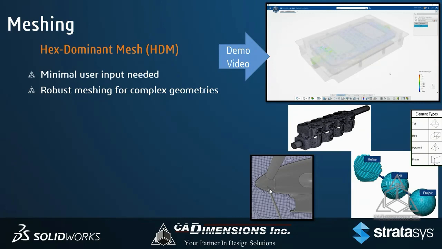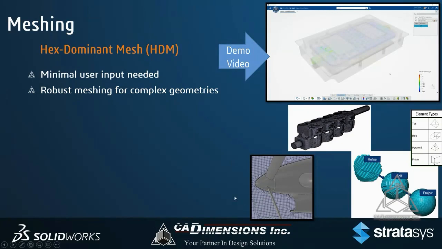The body fitted mesher, the hex dominant mesher on the platform, works from the surfaces outward. So we capture all of those surface layer interactions first, and then we fill the volume. We can kind of see in this gap down here, we fill the volume after the fact, which is really nice.